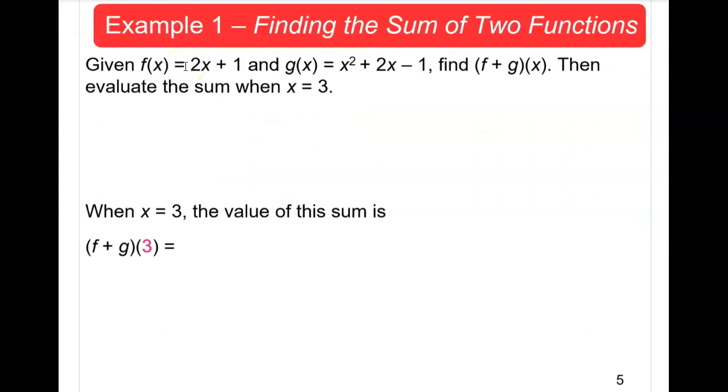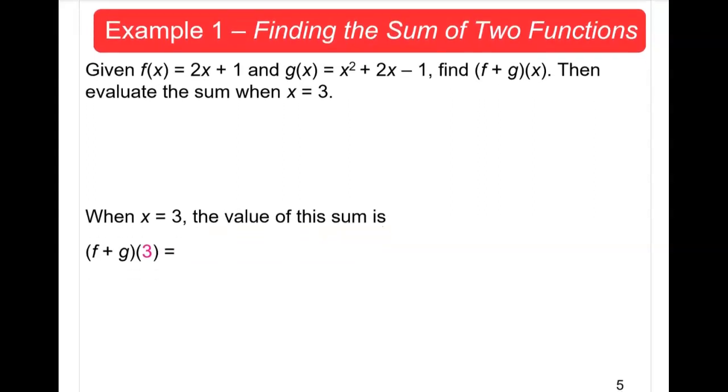Example 1, finding the sum of two functions. We have here function f, which is a linear function, 2x plus 1. And then we have g of x, which is x squared plus 2x minus 1. And so what we are supposed to do is to find first the equation for f plus g of x.